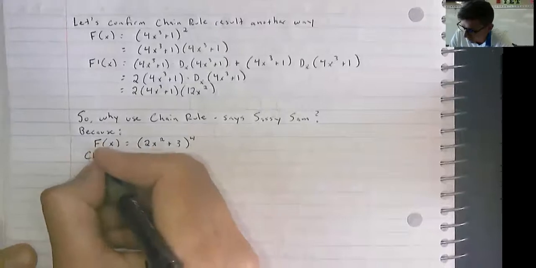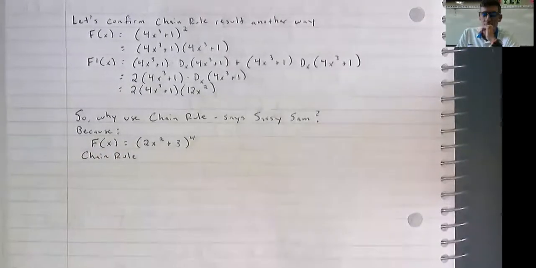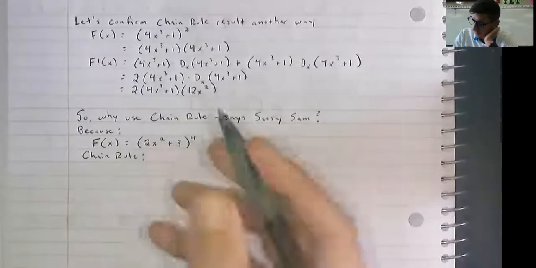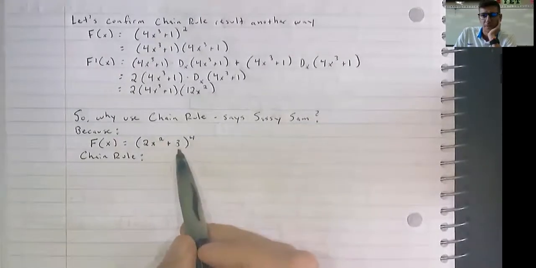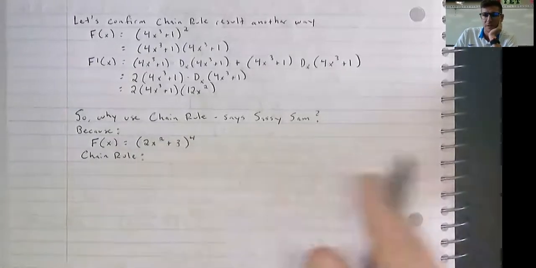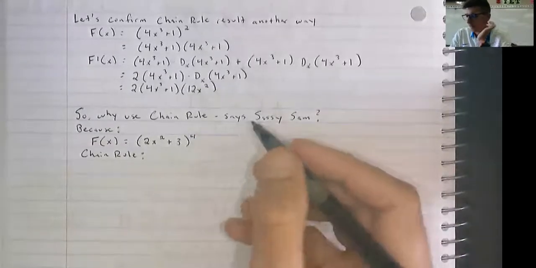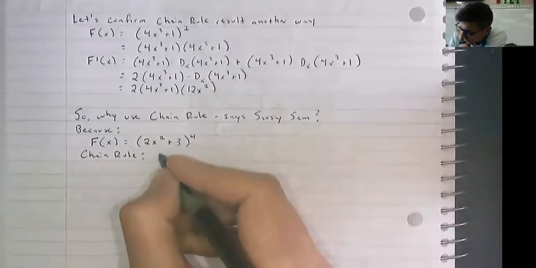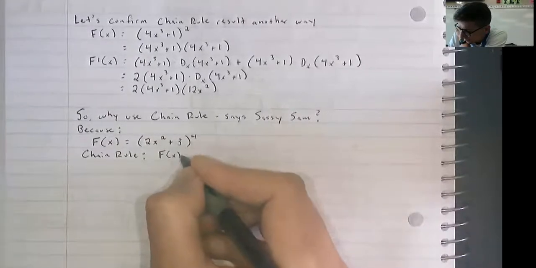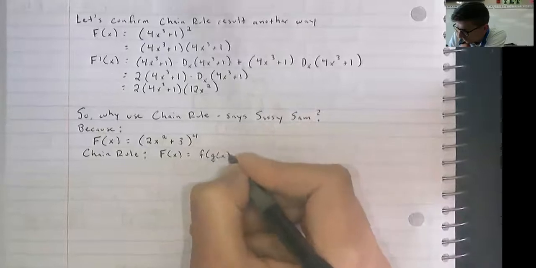Chain rule way. And for the first few times, I'm going to be explicit with the outer and inner functions until we get a sense of what's going on. So with the chain rule, we'll let F of x be equal to little f of g of x.